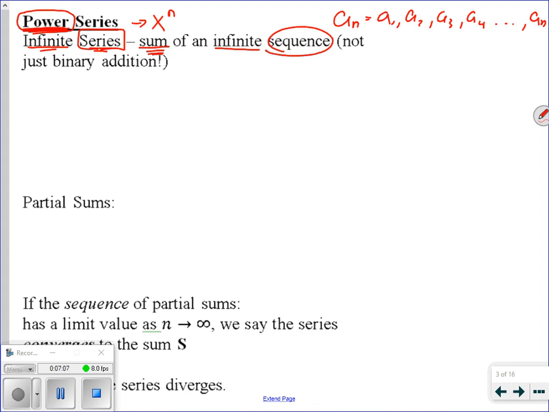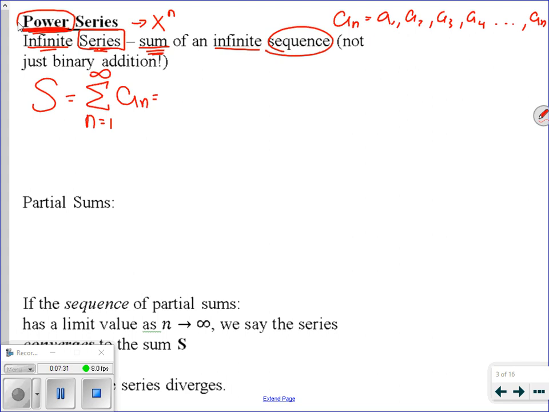Now the summation, which I'm going to write this way, the sum of the infinite sequence, and we've seen a summation before dealing with the definition of integrals, would be like taking the sum of the first term to the infinite term of my list of numbers.